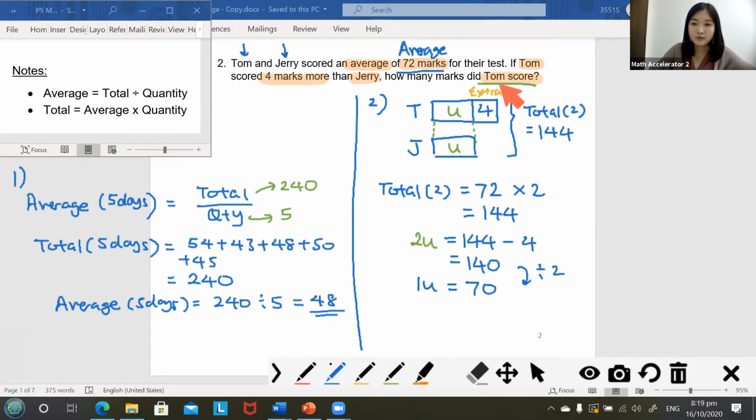We want Tom. Tom is 1 unit plus 4. Right, and we found 1 unit already, so let's write it in: 70 plus 4. So Tom's got 74 in total.